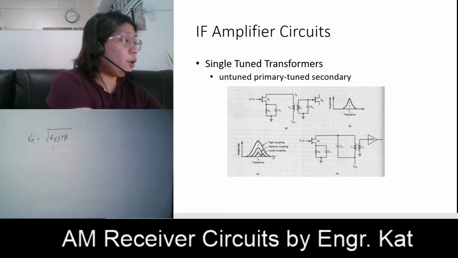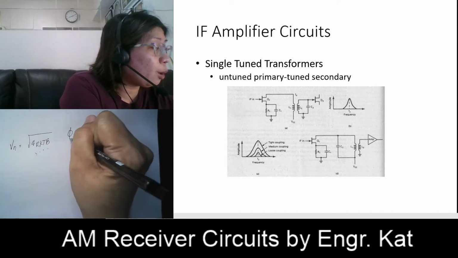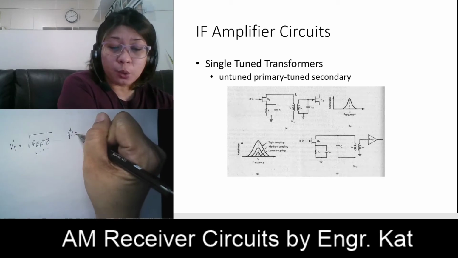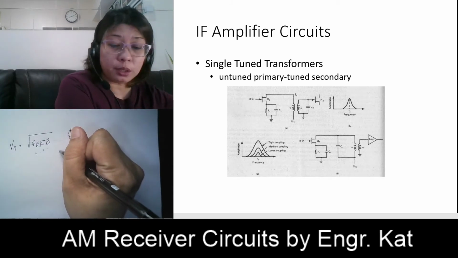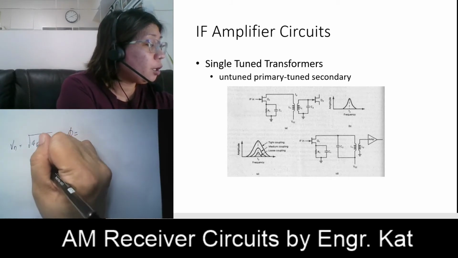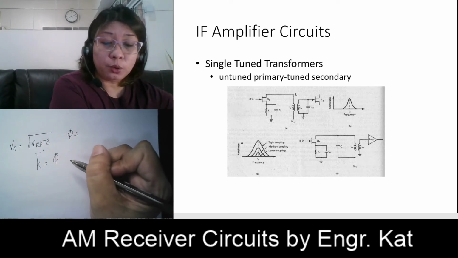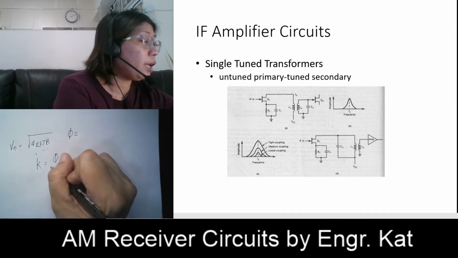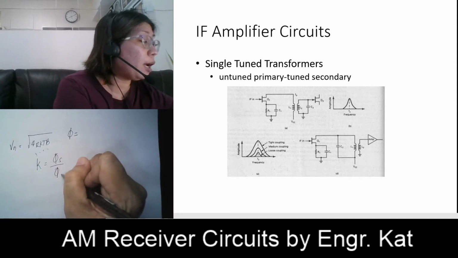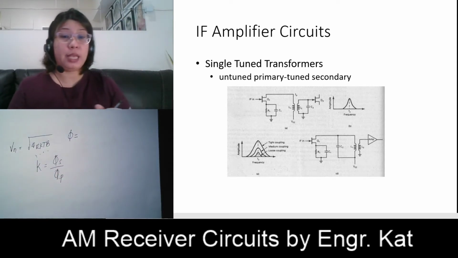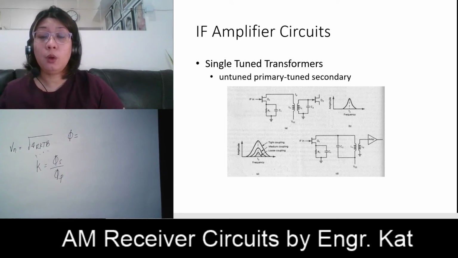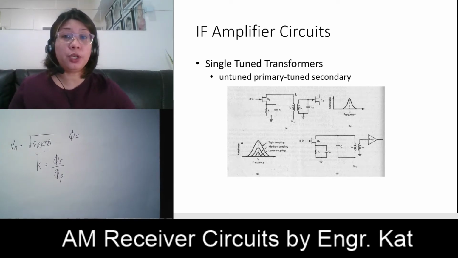If you still remember, the symbol for our coefficient of coupling is K, and that is equivalent to the flux of our secondary side over the flux of our primary side.